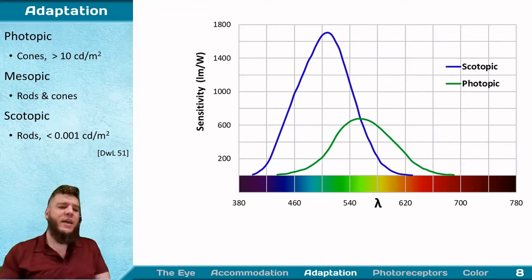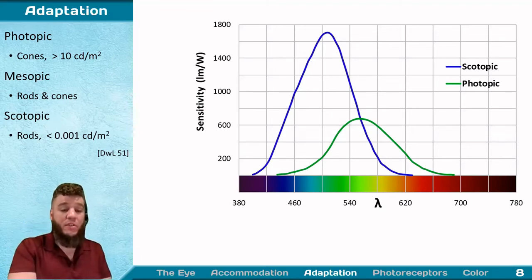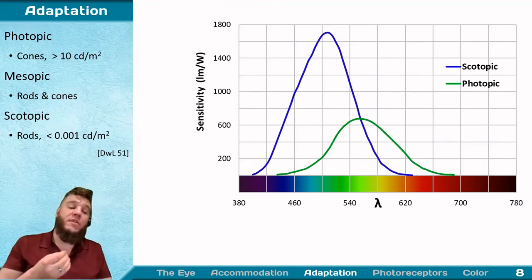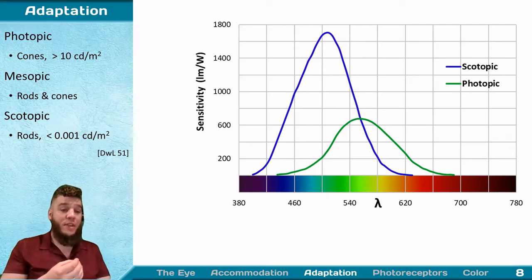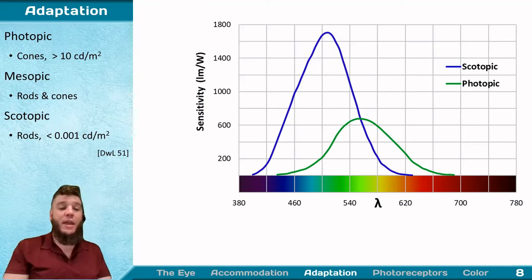So think back to the last time you were seeing in black and white. Nothing come to mind? Well, that's because that 1/1000th of a candela per meter squared is actually much lower than you think. It's, for example, starlight on a moonless night. So that's extremely dark and it's not that common.